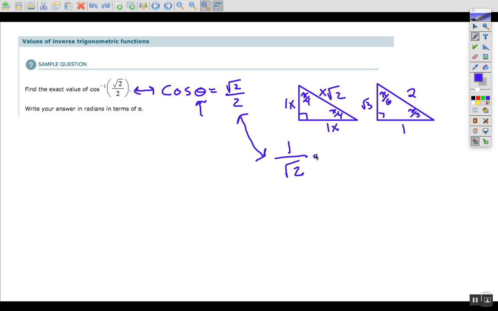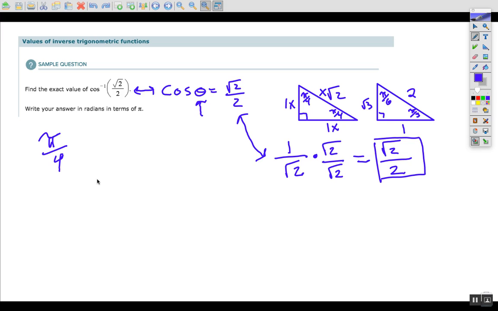So you want to get that radical out of the denominator. So I'm going to multiply by square root of 2 over square root of 2. That's okay to do because that's the equivalent of multiplying by 1. And that gives me square root of 2 over 2. Which, yep, that matches. So I know that theta must be pi over 4.